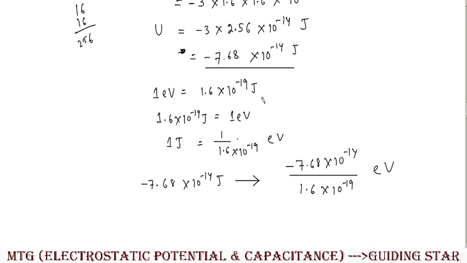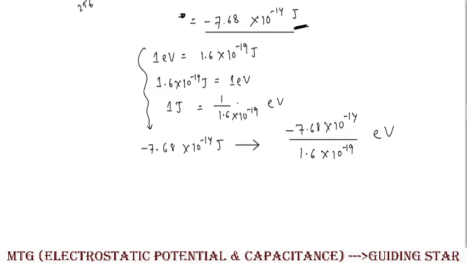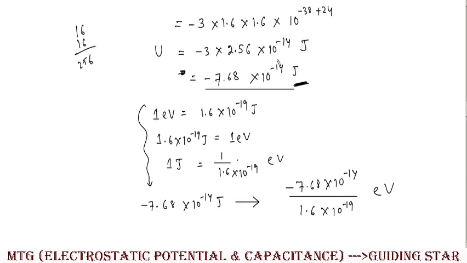So always remember one thing: if the energy is given in terms of joule, then divide it by 1.6 into 10 to the minus 19, and that will give you the energy in terms of electron volt, clear. This is the direct process, but here I am doing it step by step. So here, 7.68 by 1.6, 1.6 will cut, clear.